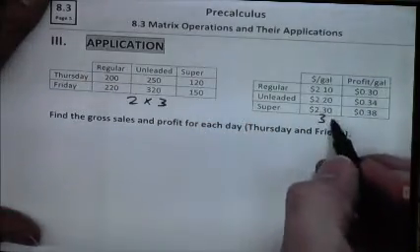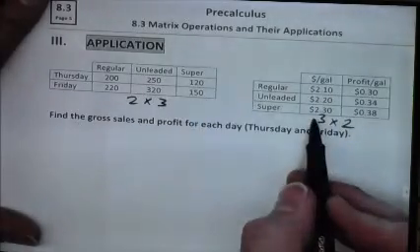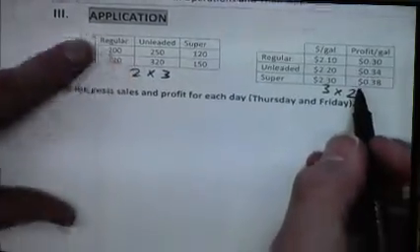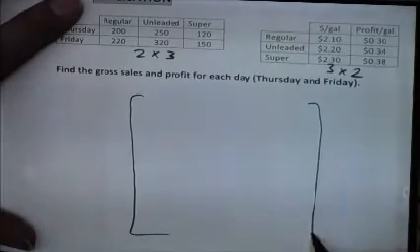This one is 3 rows by 2 columns. So since the 3's match, we know we can multiply them, and we're going to use these outside 2 to set up and give us our new matrix.